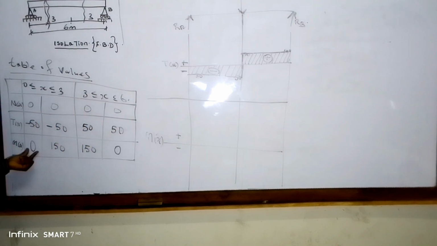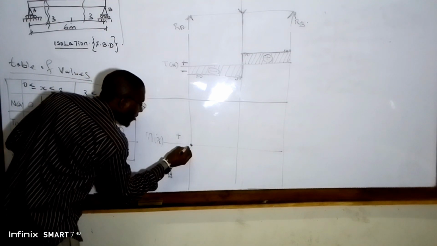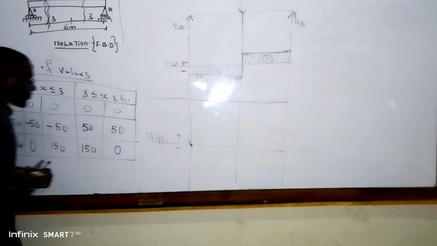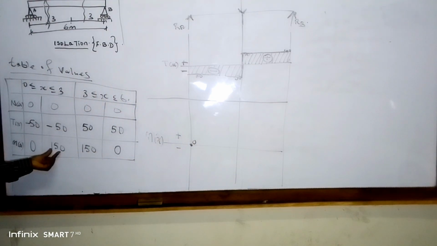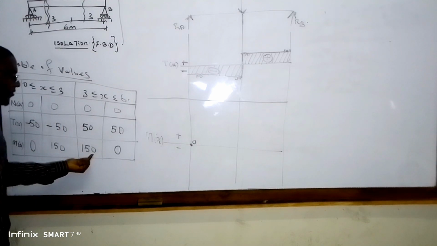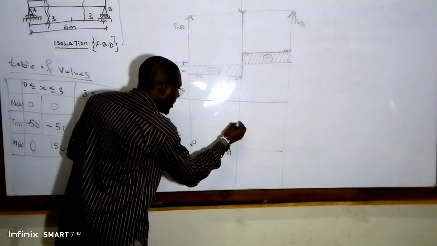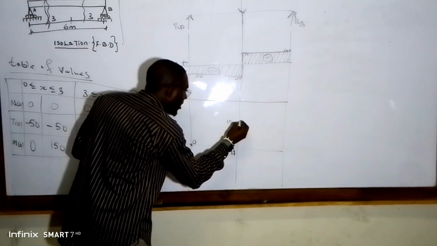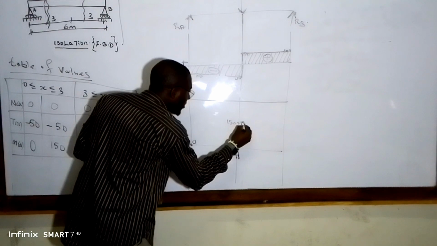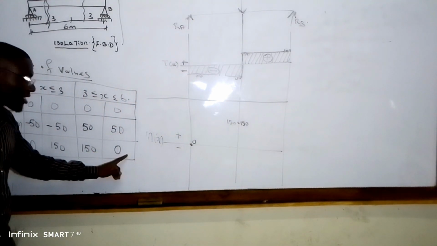Now let's go for the M of X. M of X will start at 0. This is the point 0. At 3 meters we have 150 and 150, and it's positive. Let's assume this is the 150, with 150 below and 150 above. And we come back to 0.